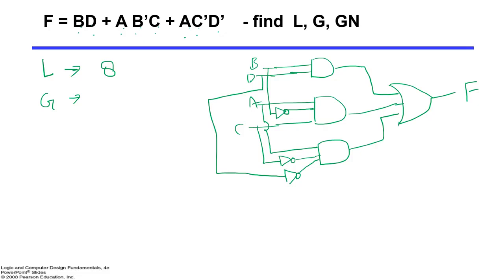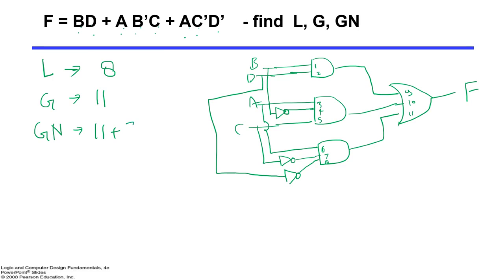Now let us count. The literals we can easily count from here. Now let's count the gate inputs. So 1, 2, 3, 4, 5, 6, 7, 8, and along with this 9, 10 and 11. So we have 11 gate counts. Now what about GN? You have to add 11 plus how many NOTs? 1 NOT, 2 NOT and 3 NOT.